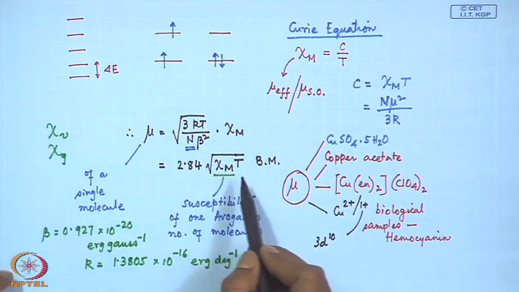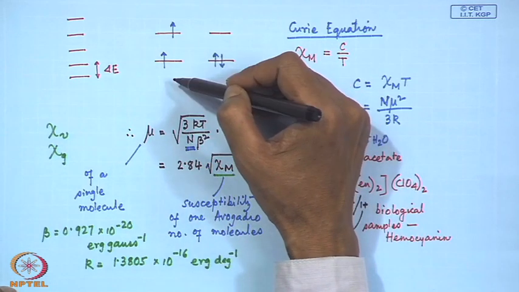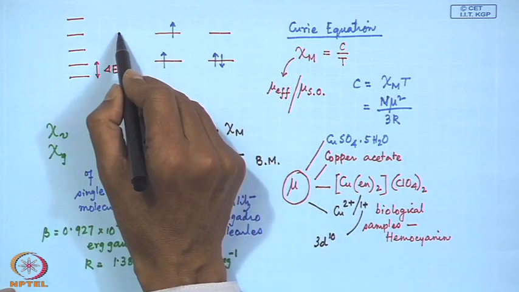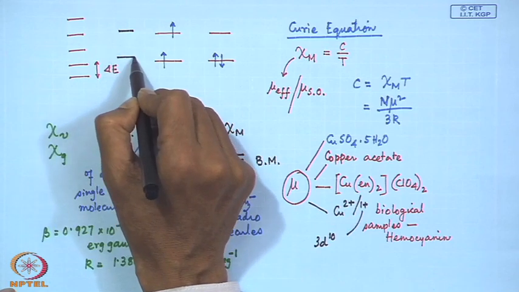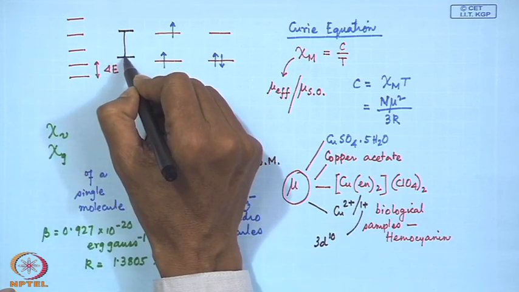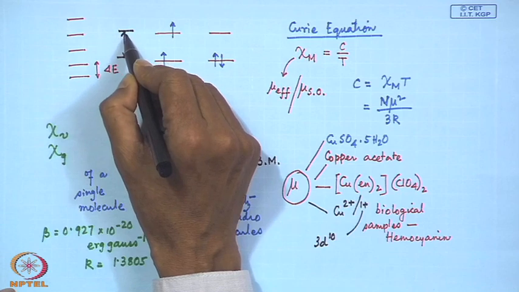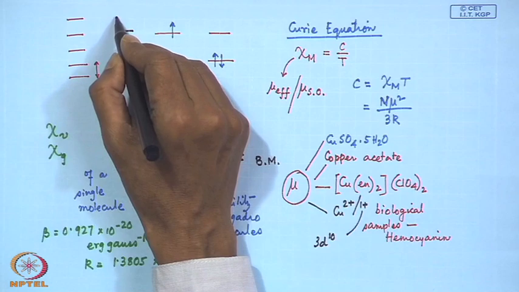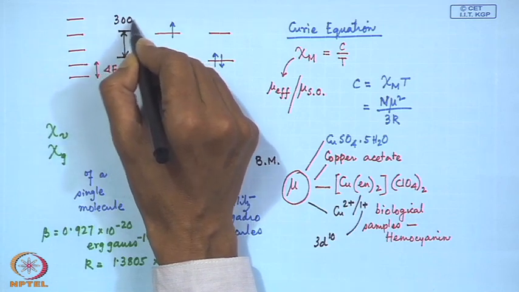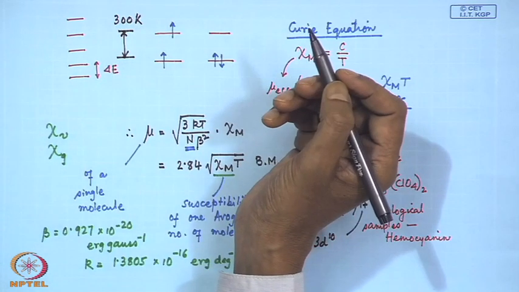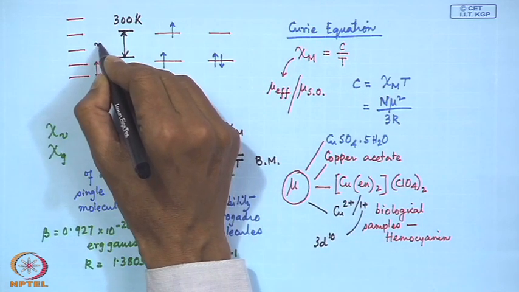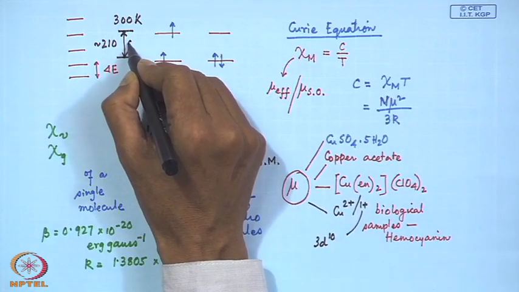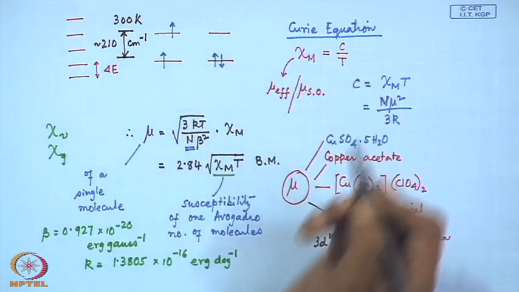If we put these values, we will get some interesting information related to the magnetic moment, the molar susceptibility, and these distributions, because whenever we get these delta E values, at the same time we should have some basic idea about the width of the thermal energy, that is, what is the available thermal energy at a particular temperature. If the temperature is in the range of 300 Kelvin, we get a kT value of about 210 centimeter inverse.